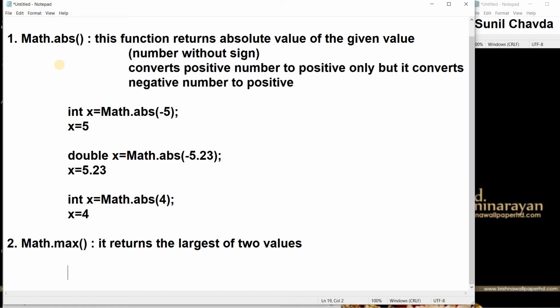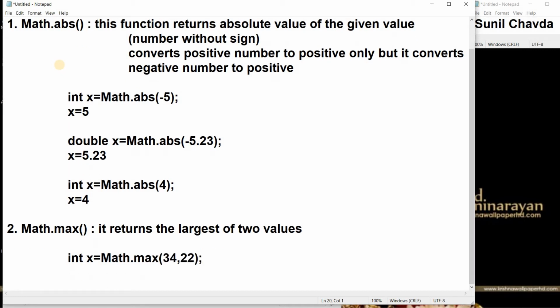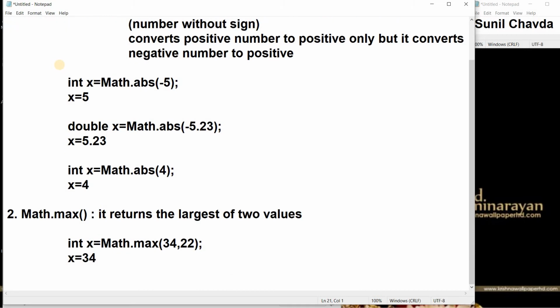Whichever format you write in the question, the same format will be returned back. So I am writing int x is equal to math.max, and in the bracket I am writing two integer numbers, only two integer numbers. So the value of x will become 34, because 34 is larger than 22.